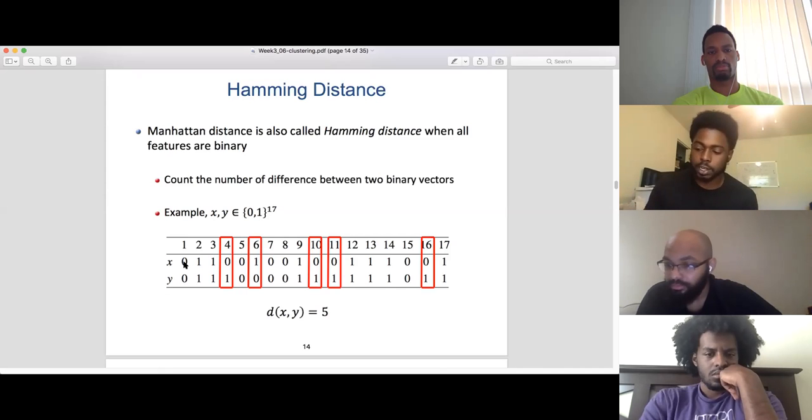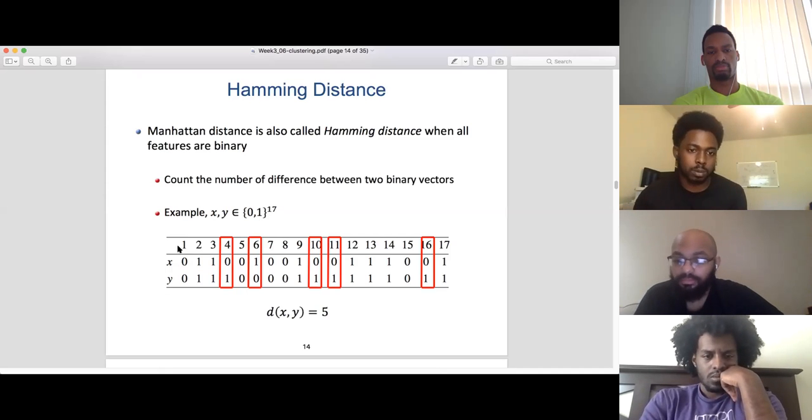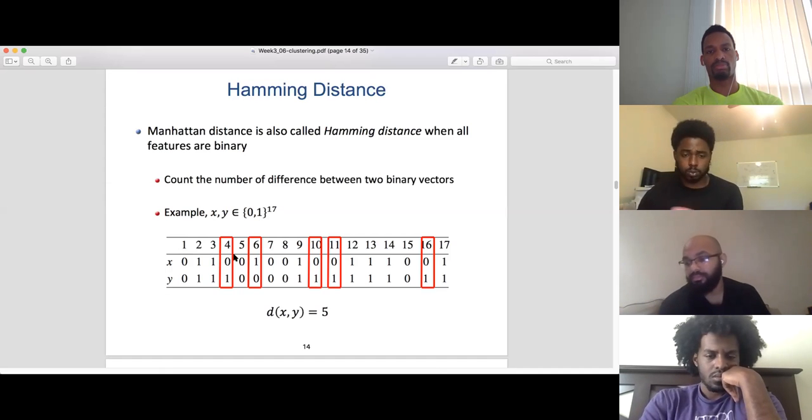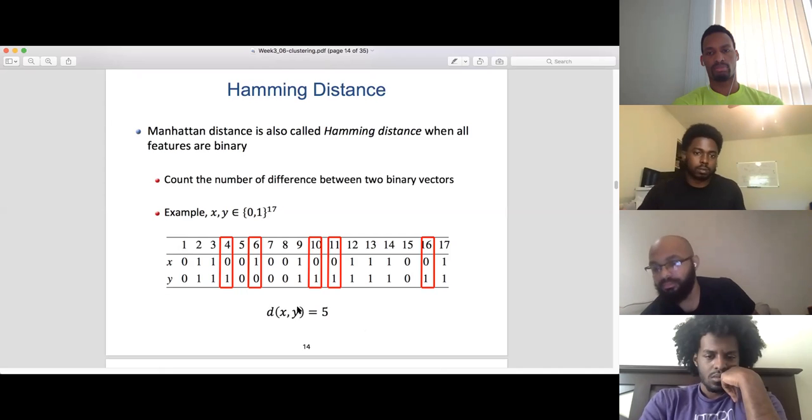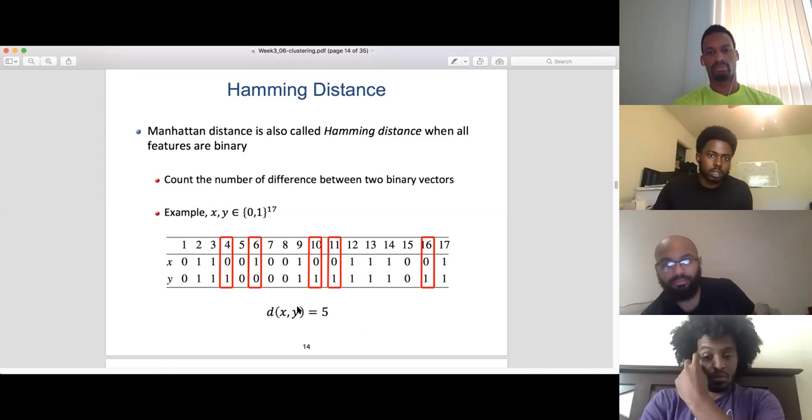The binary vector for X is 0, 1, 1, 0, 0, 1, and so on. The distance just compares each of these: this has a difference, 1, this is a different, 2, and so on until we get to the end. The distance is just the sum of all those differences.